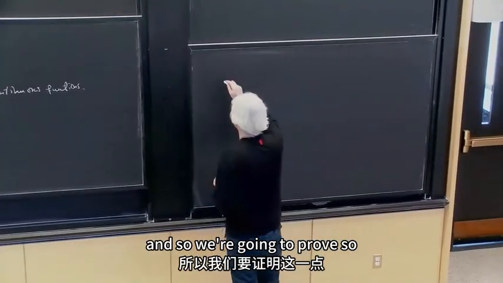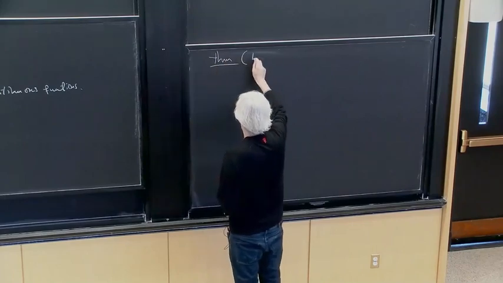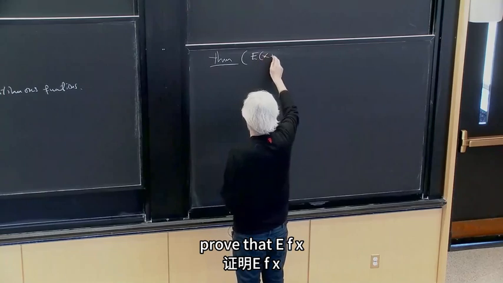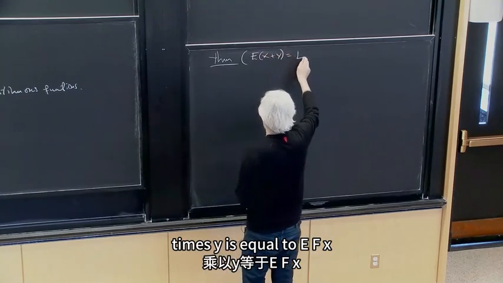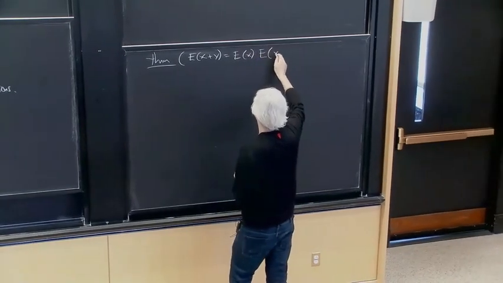And so we're going to prove, so theorem, we prove that E of x plus y is equal to E of x times E of y.